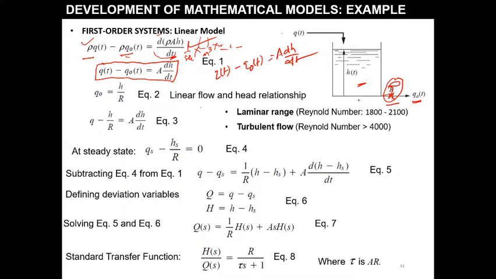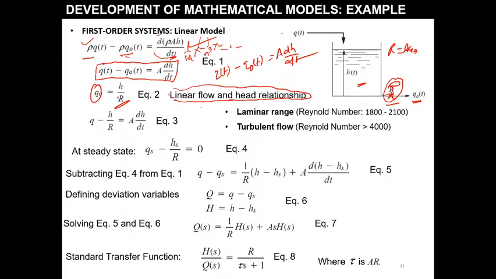The relationship is q naught is equal to H by R when R is linear, that is, for a linear flow. Remember, when the valve is linear, you have to take q naught equal to H by R.